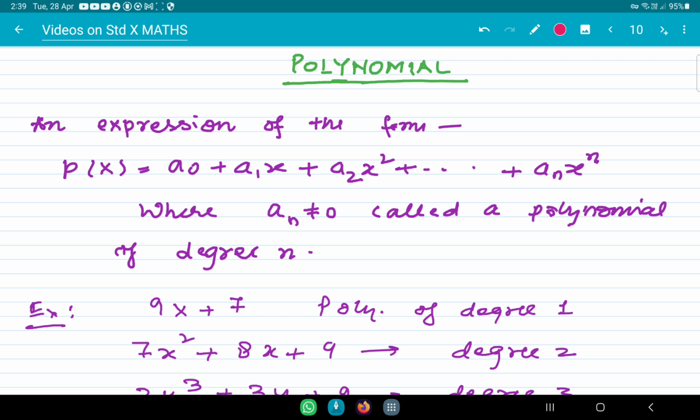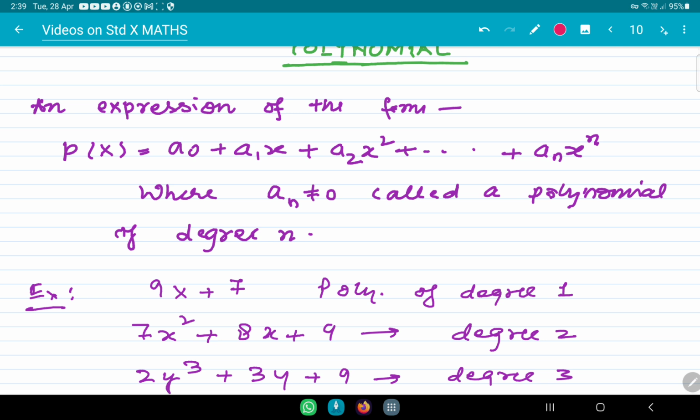So it is a polynomial. An algebraic expression which is made up like this: p of x is equal to a naught plus a1x plus a2x square up to anx^n. Here a1, a2, a3 are known as the coefficients, respectively. Means a naught has x raised to the power 0, a1 has x raised to the power 1, like this.